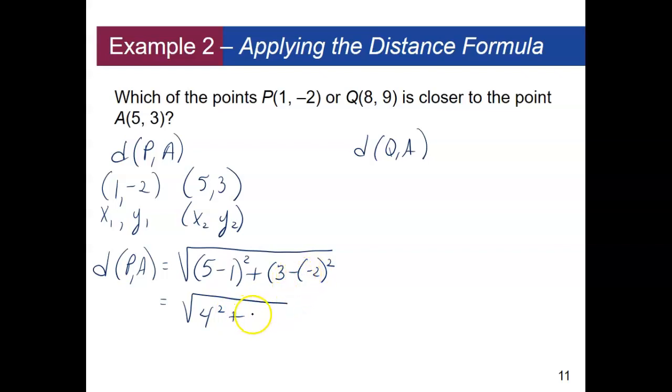Two negatives make a plus, so that's going to be 5 squared. We'll have the square root of 16 plus 25, and that's going to give me the square root of 41, which cannot be simplified. Okay, next we're going to be looking at the distance from Q to A. So we're going to let Q be our first point.